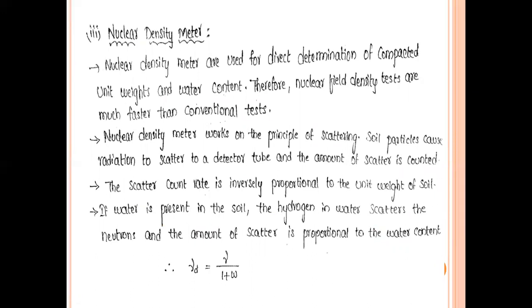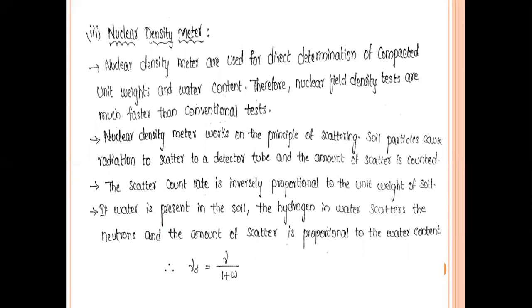Therefore, nuclear field density tests are much faster than conventional tests. The nuclear density meter works on the principle of scattering. Soil particles cause radiation to scatter to a detector tube. The amount of scatter is counted. The scatter count rate is inversely proportional to the unit weight of the soil.